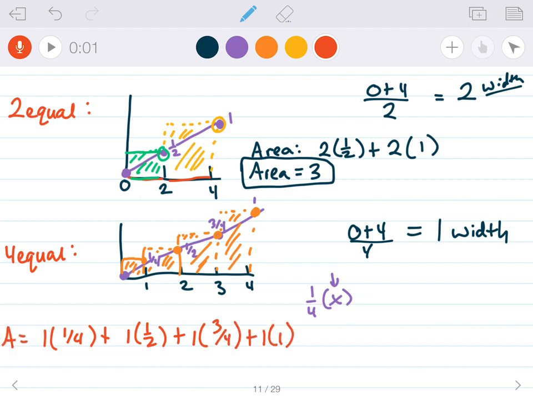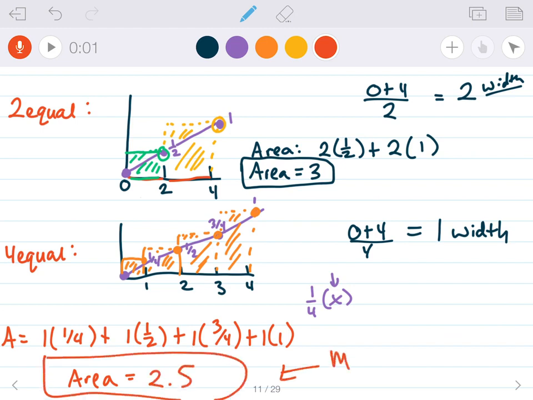And that's my area there. And this is going to give me an area of 2.5. And we should expect that this one is more accurate because we used more rectangles with a skinnier width than we did with the 2 rectangles.